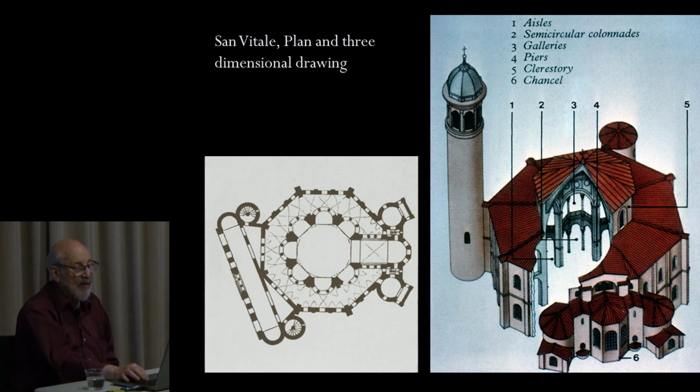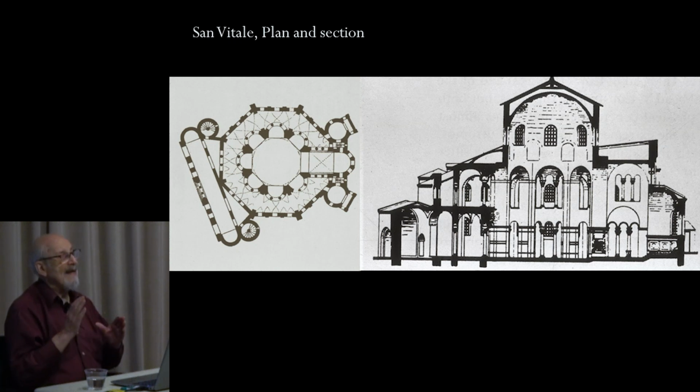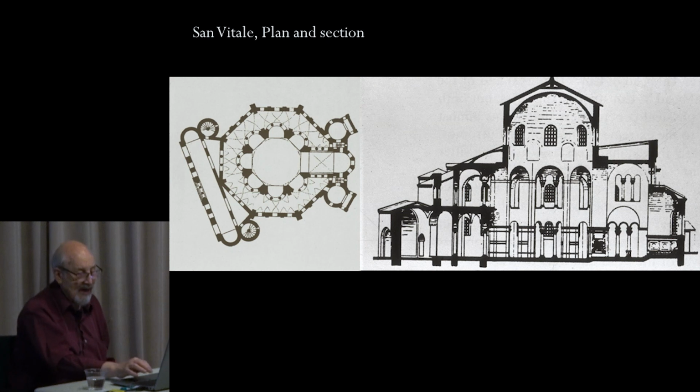Then on the right, there's a diagram showing how it gradually rises up to the central dome. So the basilica, the long basilica leading to an apse, has been left behind for a centralized building with a dome at its center.